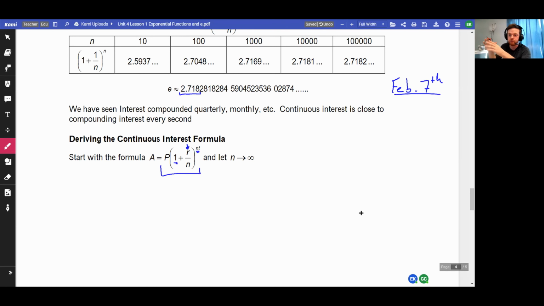So if you divide your 100% into 4, you're going to get 25% 4 times. So you need the 1/4, and you need to multiply 4 times. That's what this compound interest formula is saying. You can learn this formula, or you could just make a little chart and get your answer the old-fashioned way. Formulas are useful, but the reason the formula is here is because I want to come up with a formula that we do need that involves e.